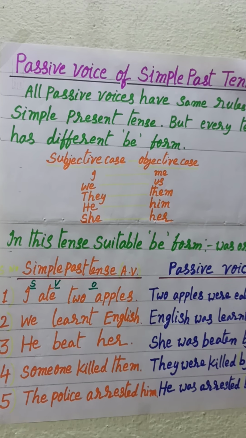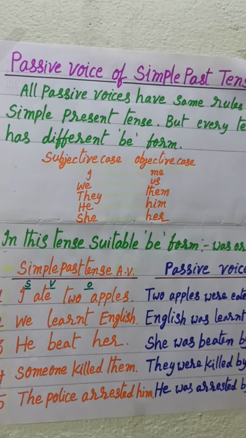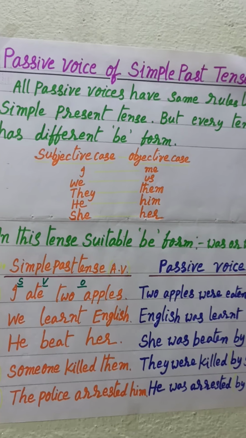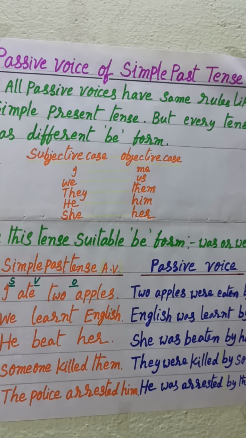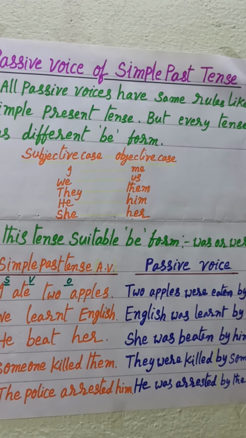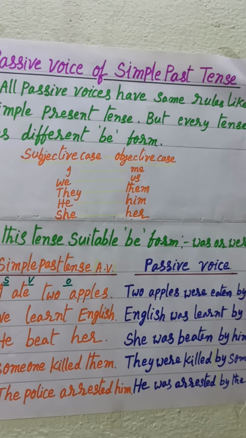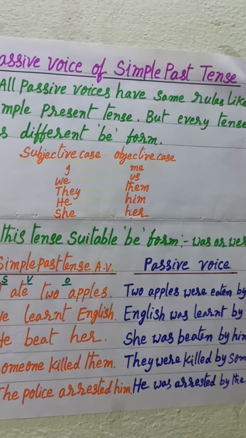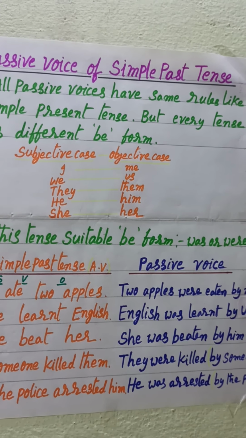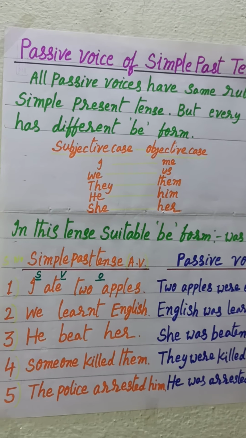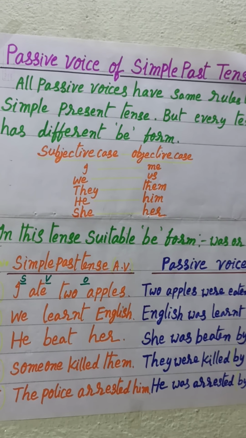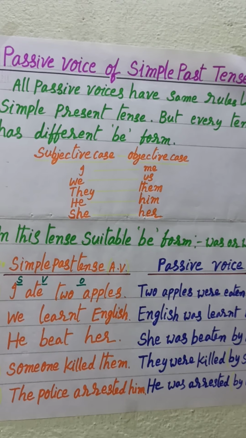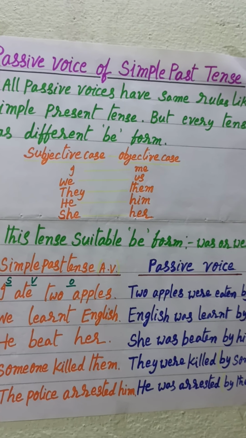The third sentence, did he beat her, and add question mark. The passive, was she beaten by him, and add question mark. Fourth, did someone kill them, and add question mark.